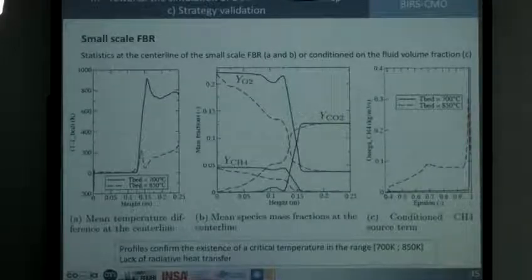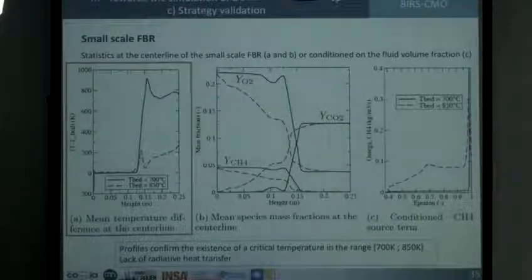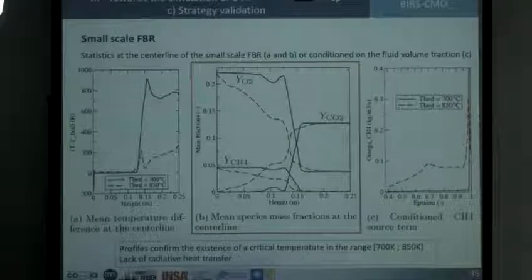Here are just shown on the center line of the reactor the temperature and the profile for the main species. We can just imagine here that we are really facing a shift in the combustion regime because of the existence of this critical bed temperature, which is between 700 degrees and 850 degrees.